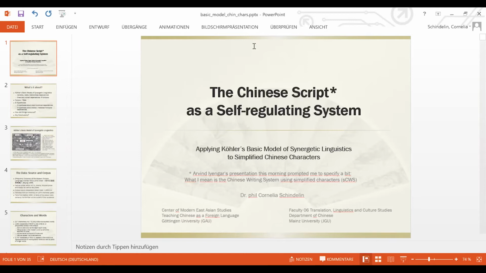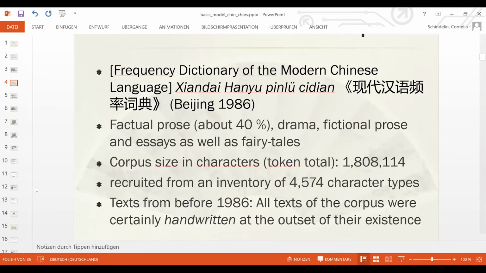We are still seeing the first slide only. Oh, that is very strange. Okay, I will go back then. What do you see now? The title. Now we see Frequency Dictionary. Okay, then there is a certain inertia in there. We see slide 4.